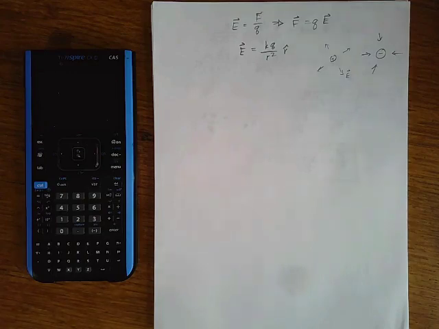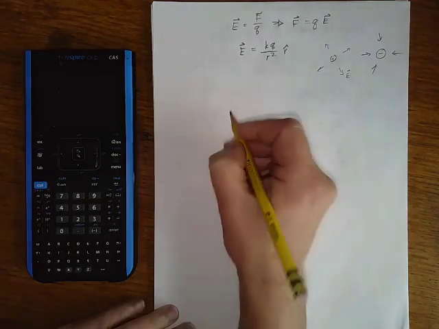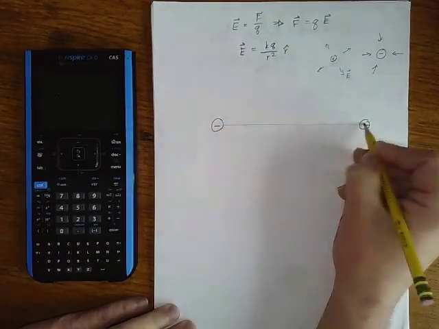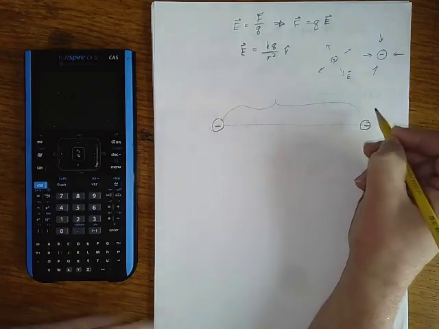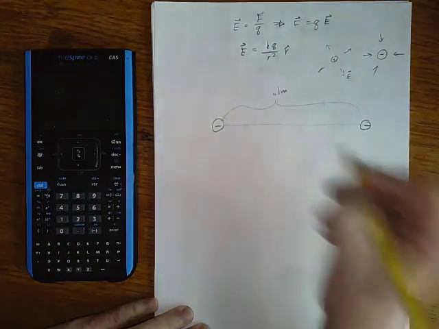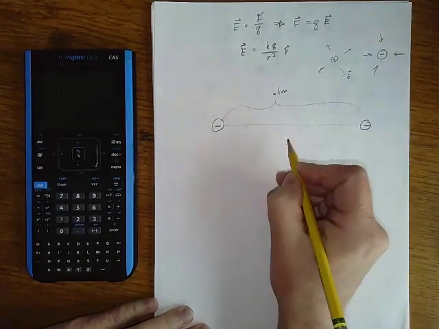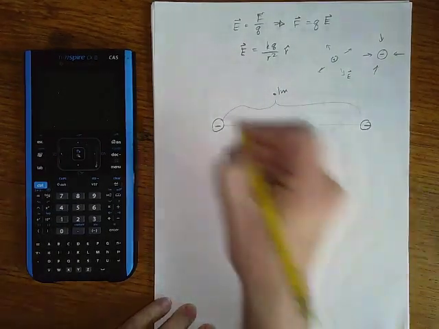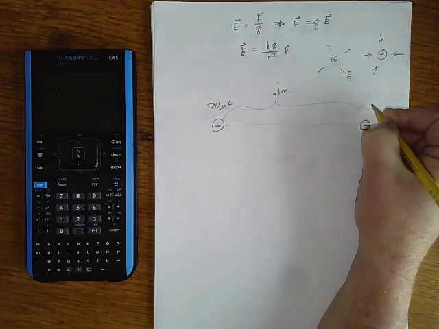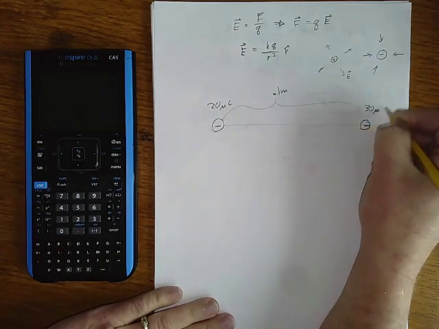So let's do an example. Let's just say we have two negative charges here, separated by, for an example, 0.1 meters, so 10 centimeters. And then let's give them some numbers here: 20 microcoulombs for this one and 30 microcoulombs for this one.